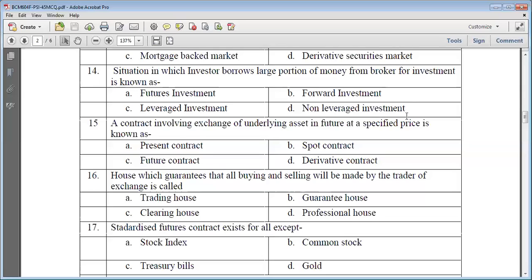Now let us go to 16. The house which guarantees that buying and selling will be made by the traders of the exchange is called trading house, guarantee house, clearing house, or professional house.